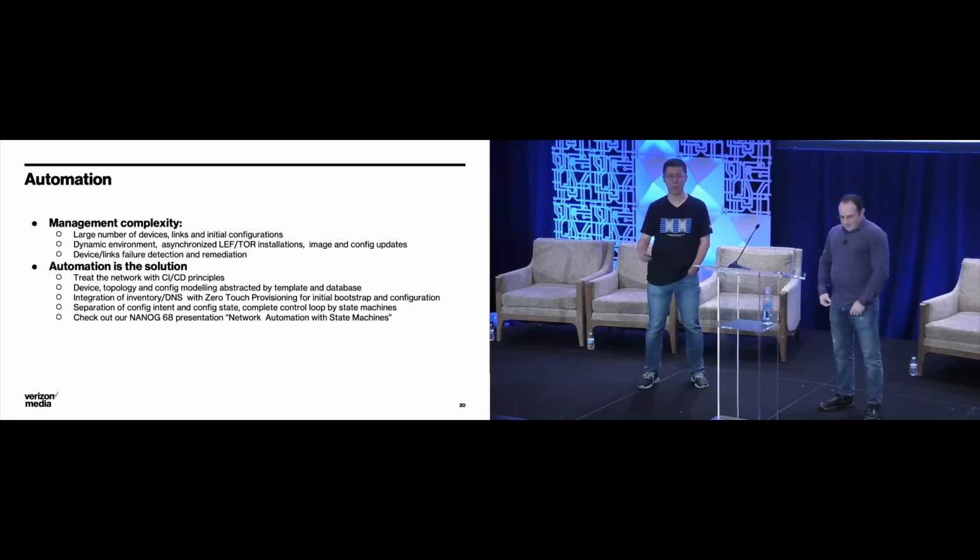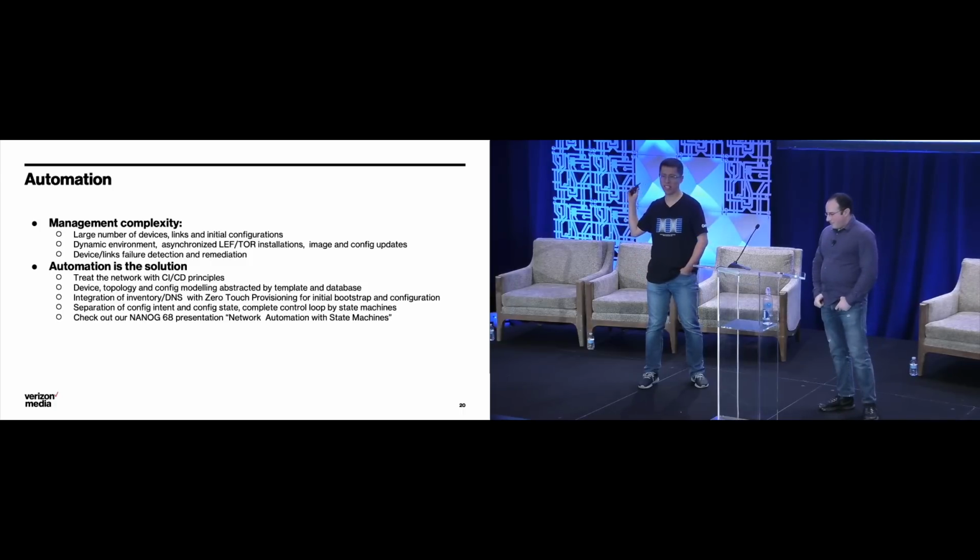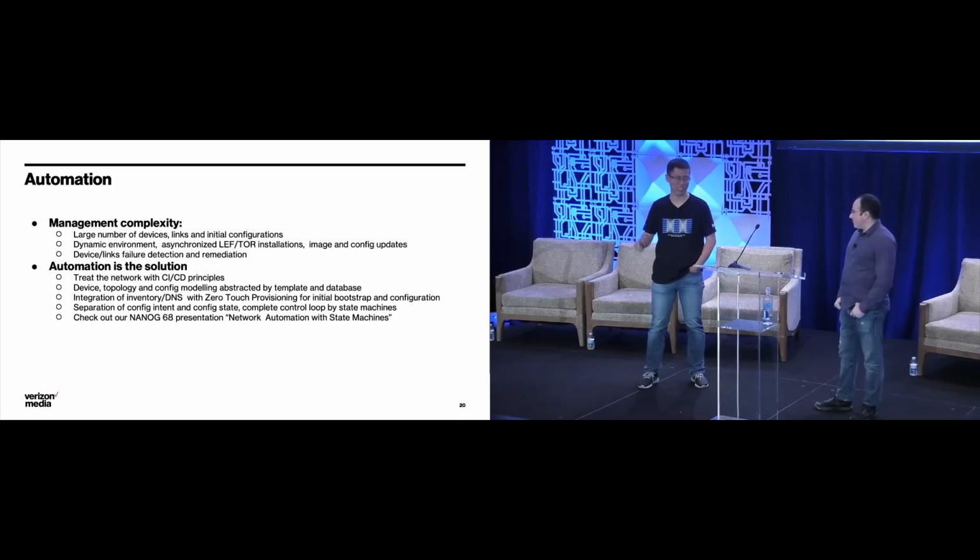Automation. Obviously, we have been talking about the scaling, and we have been seeing the pictures of thousands of links or tens of hundreds of thousands of devices. So this is a lot of complexity that we have to manage. So we have to turn to automation in order to manage all these links, all these scales, all these devices.